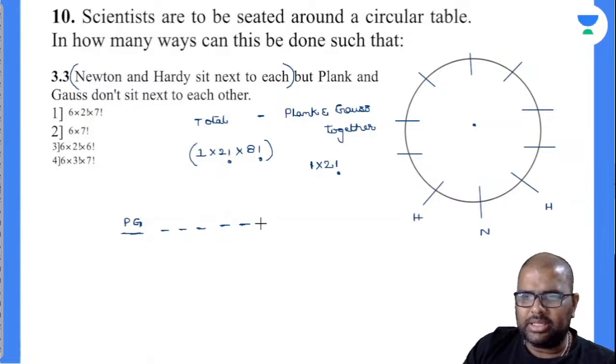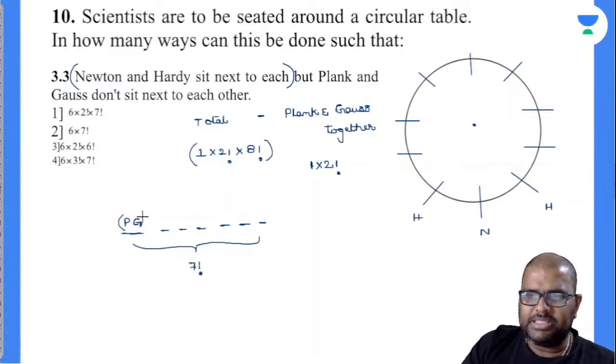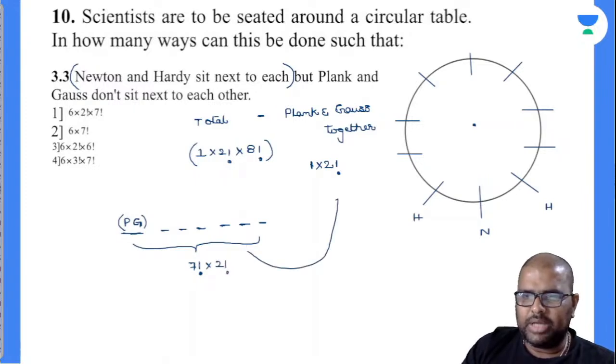Am I right or wrong? Totally, how many slots are left over with you? 7 slots. The 7 slots will be arranged in 7 factorial ways. And this slot PG, Planck and Gauss, Gauss and Planck, they will be seated in 2 factorial ways. This is the thing that you should add here. So automatically your answer is 2 factorial into 7 factorial.